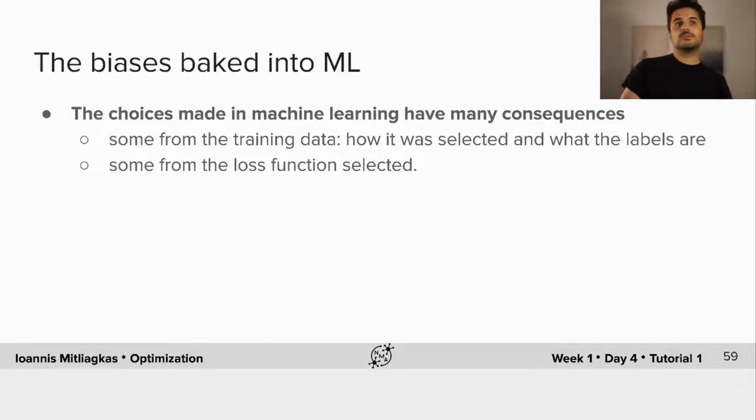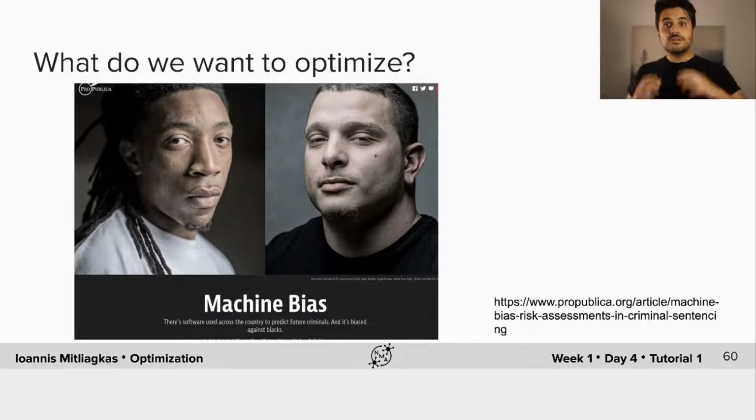Some of the biases that we introduce and the consequences that come with them come from the objective functions or the loss functions that we select. So here's a big example. This was big news a few years ago, and it's still going on, right? So some regions of the world, with some counties and states in the United States leading the way, have decided to use machine learning to add some level of automation to their judicial system, right?